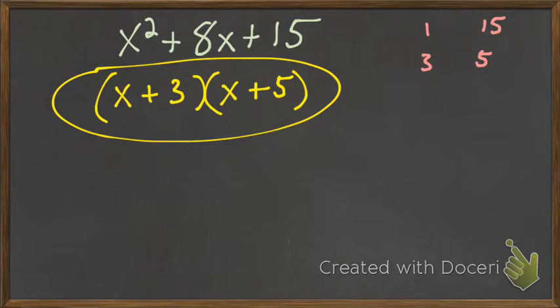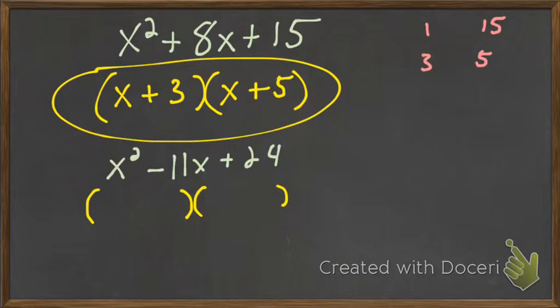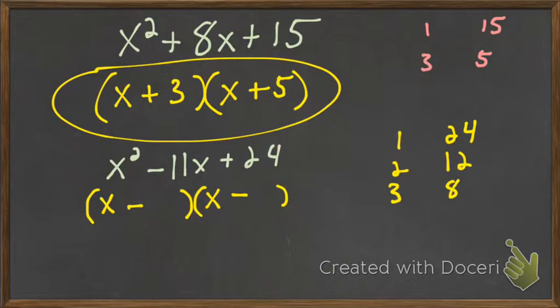All right, let's say x squared minus 11x plus 24. What do I know about my signs inside? They're both going to be minus. I know that I have an x and an x, because that's pretty simple. What are my factors of 24? 1 and 24, 2 and 12, 3 and 8, 4 and 6.